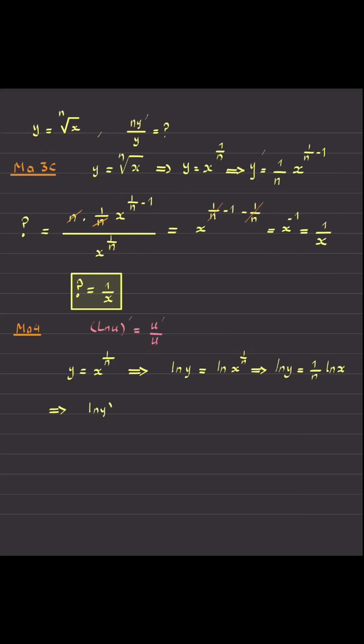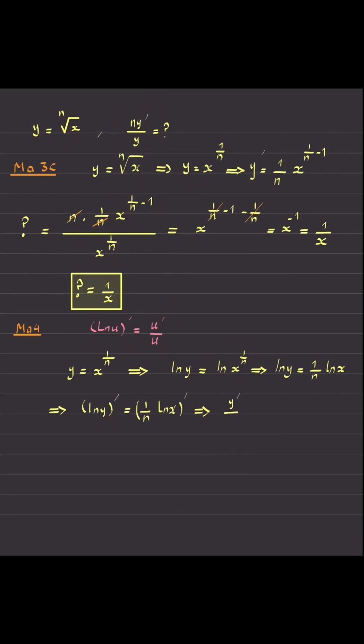The derivative of ln of y becomes 1 over n times the derivative of ln of x. But as I just told you, using this pink formula here, the derivative of ln of y is simply y prime over y.